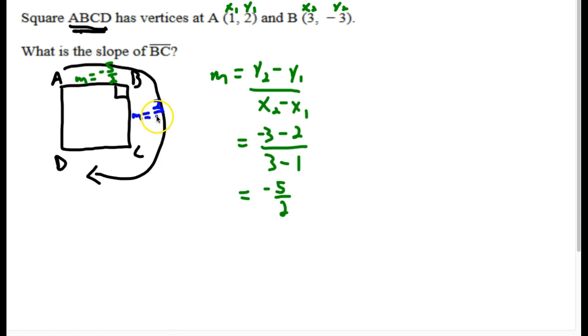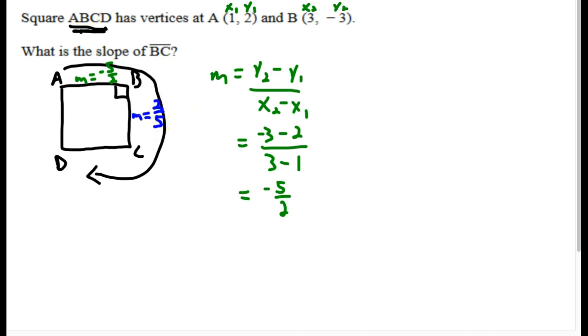So the slope of BC will be positive 2 over 5. Even though it was just the 5 that had the negative sign in our slope, we really think about the whole slope as being negative. So this is a negative 5/2 slope, and the opposite reciprocal would be positive 2 over 5.